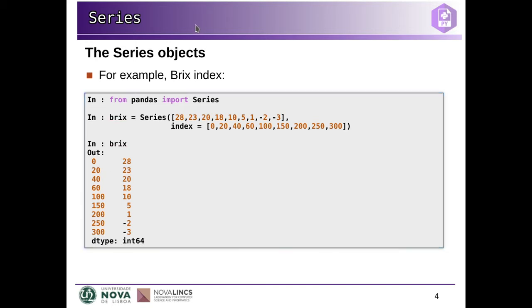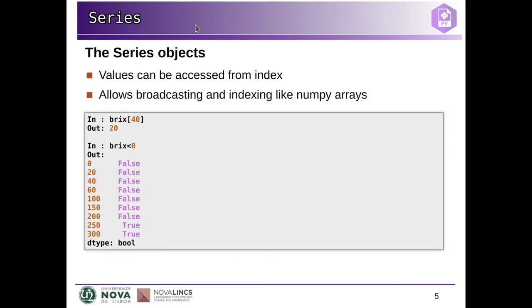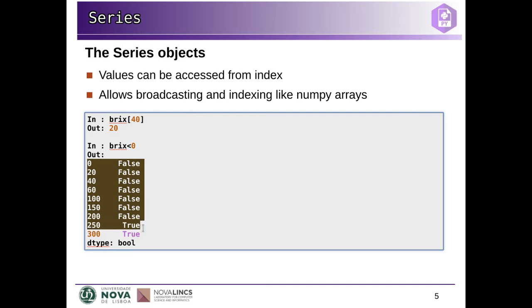So as long as we ask for something that is present in the index, we get the corresponding value. But this is similar to what we did with dictionaries. In addition to this, a pandas Series also works as a NumPy array for broadcasting. For example, we can compare all our values with 0 and we get another data series.